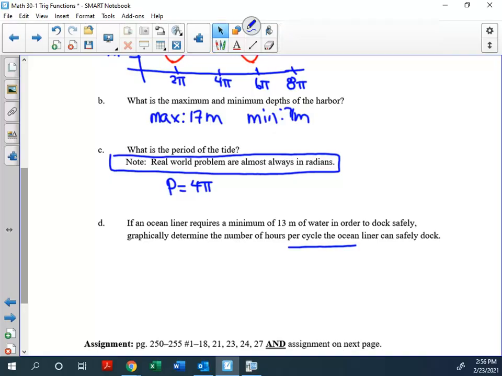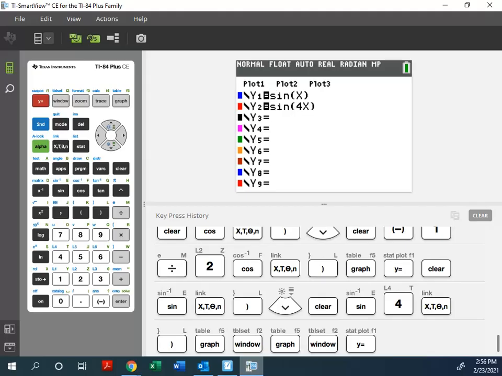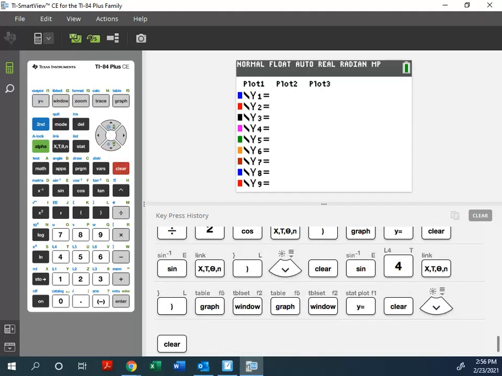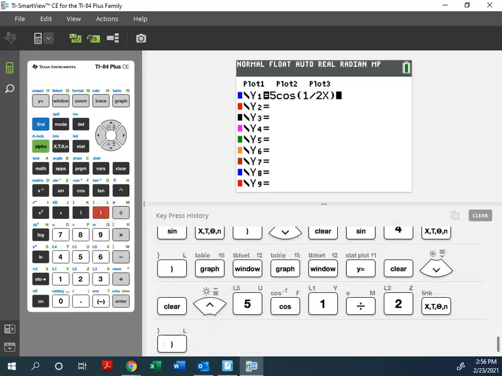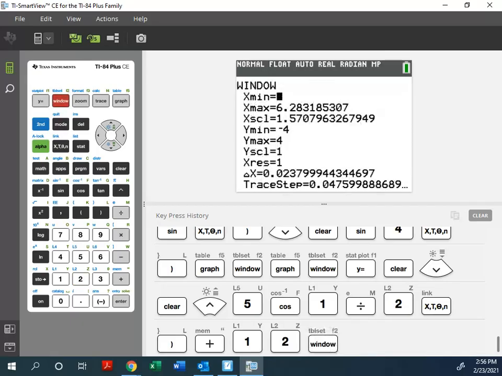So here we go. We've already got a nice representation, but let's put the information in. 5 cos 1/2 x plus 12. When it's real world situations, I tend to have to go and adjust my window manually. So that's why it's good to do this graphically first, is I have to have an idea.